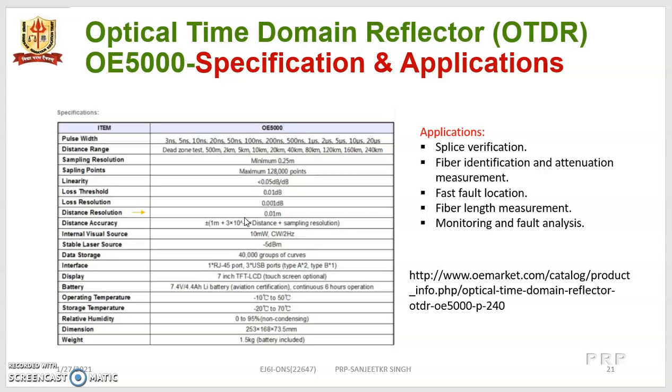Out of these, the more critical specifications are distance resolution, which here is 0.01 m, dead zone and dynamic range. Applications include splice verification, fiber identification and attenuation measurement, fast fault location, and fiber length measurement, monitoring and fault analysis.